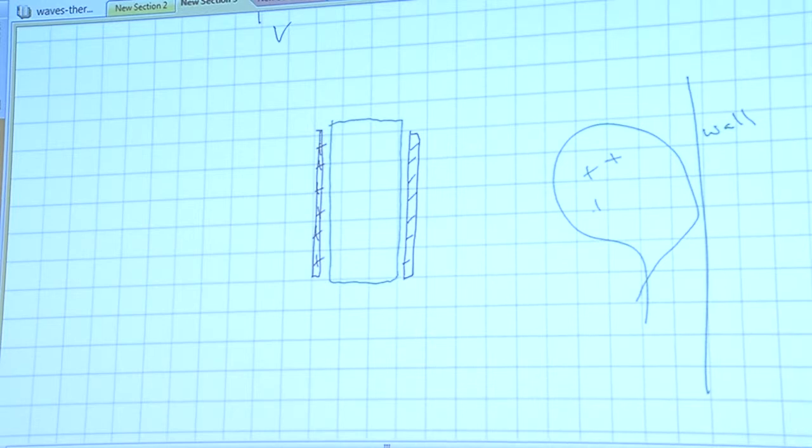Let's remember back to our wall and our balloon. What happened in the wall? The electron cloud can shift a little bit, right? The electrons are tied to the molecules they're with, but the cloud can shift a little bit.